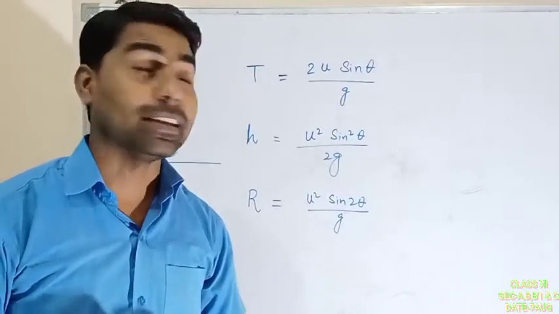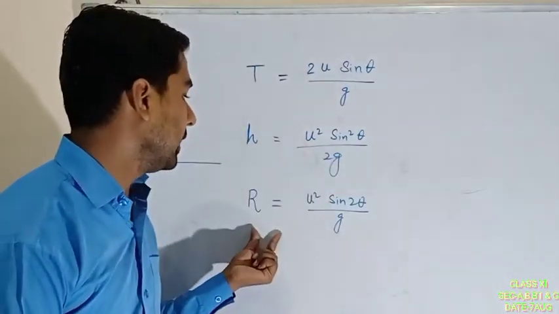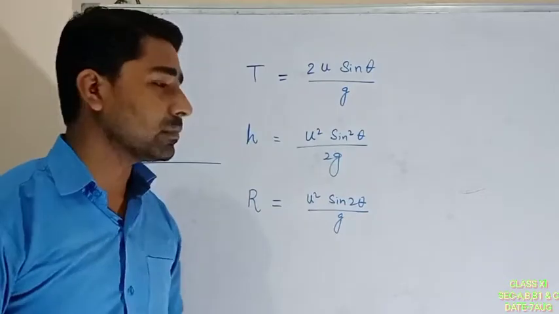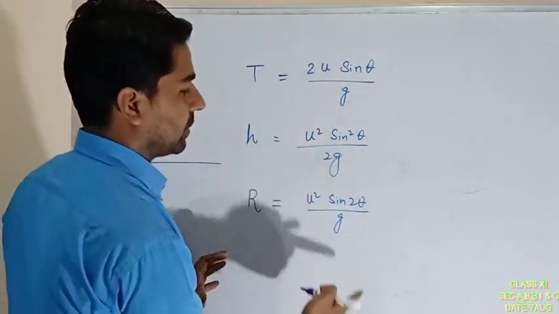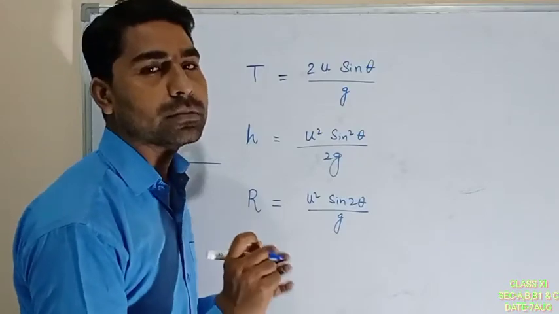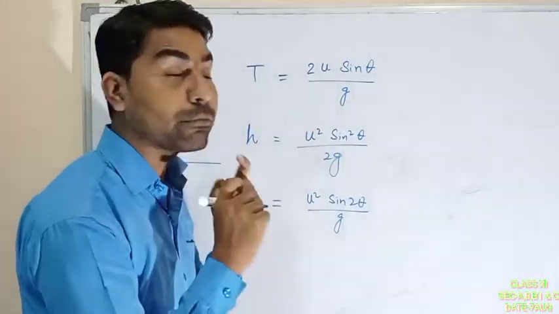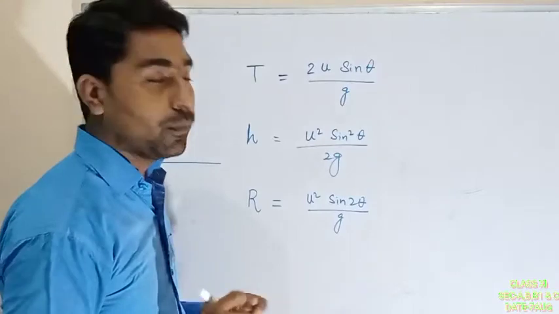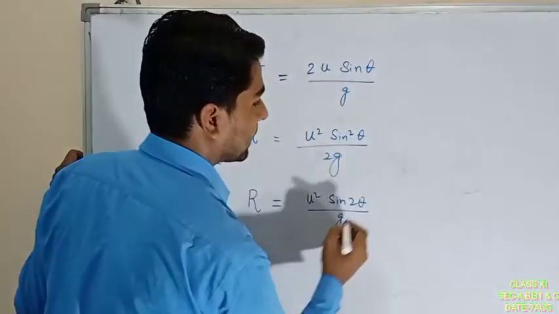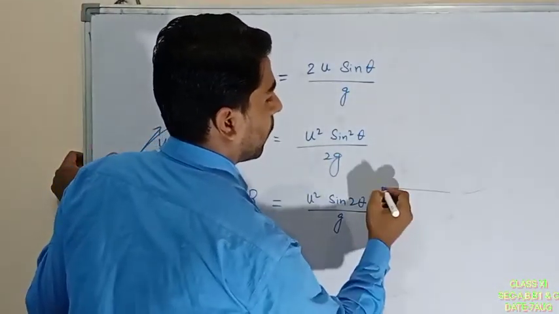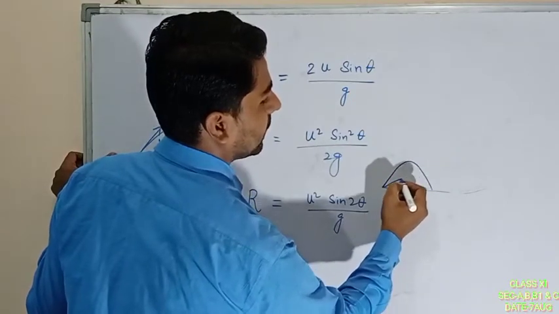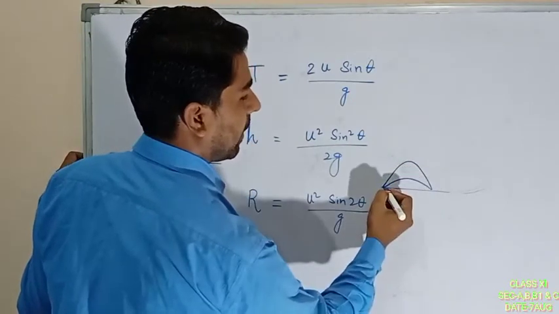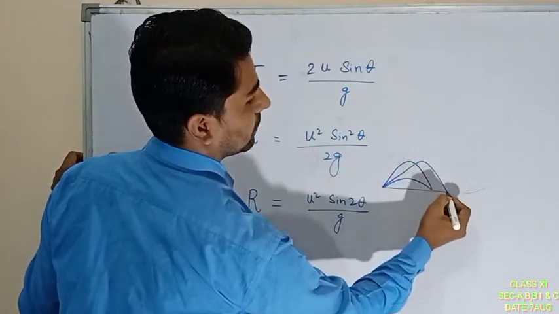And one more thing, in the last lecture, in the topic of range, we discussed that to get the maximum range, we have to project the object at an angle of 45 degree. So one case is this, second case is this, and the third case is this.